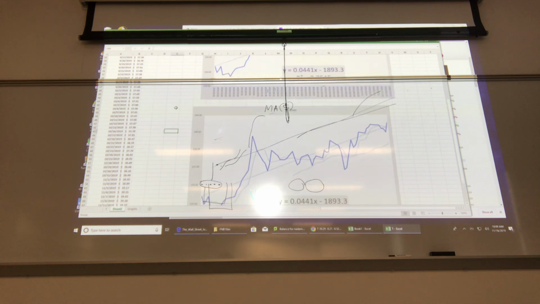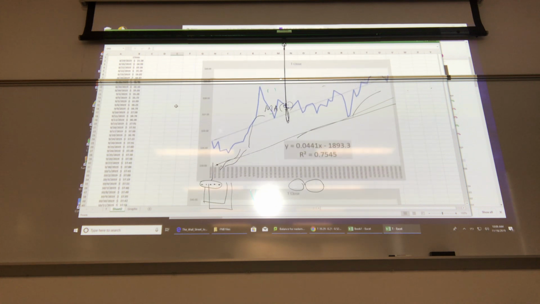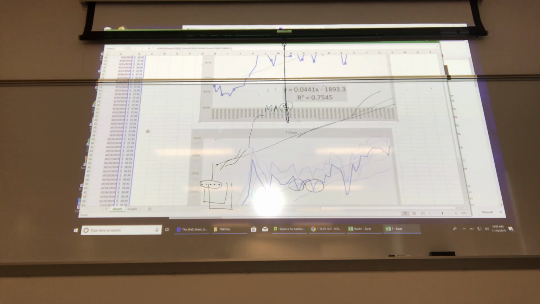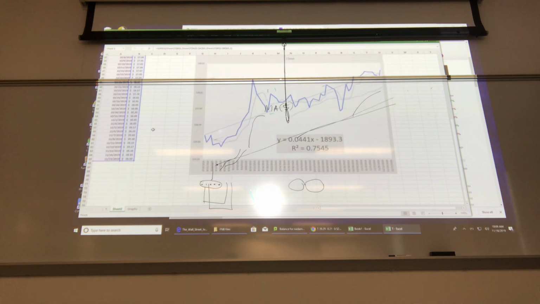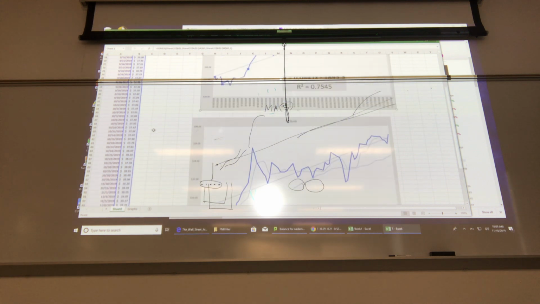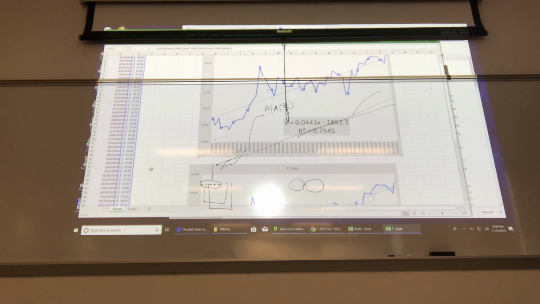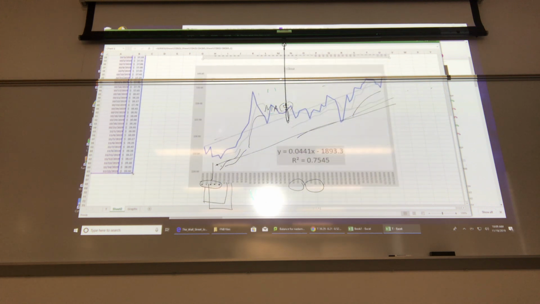Can I go on and do something more? I'll take the line and I can see it for all of my data. I can do exactly the same line, having less data.